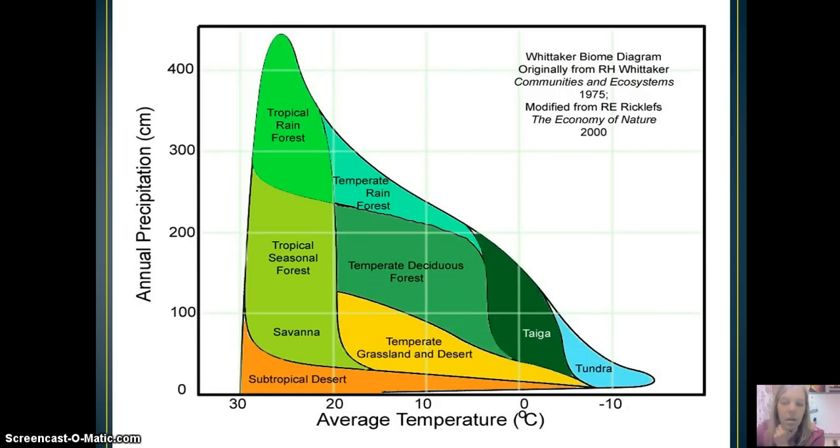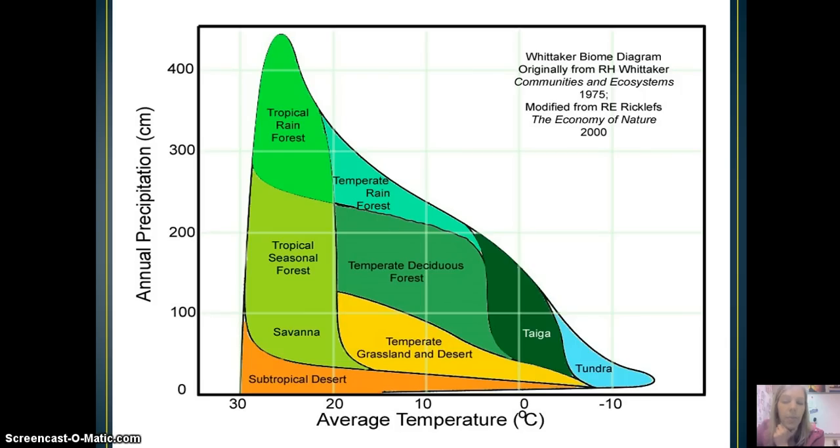We didn't get to talk about this slide very much, but I want to remind you the difference between climate and weather. Weather is a daily measure of the atmospheric conditions over a particular area of Earth.